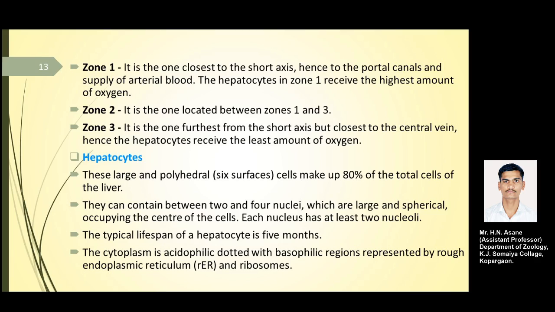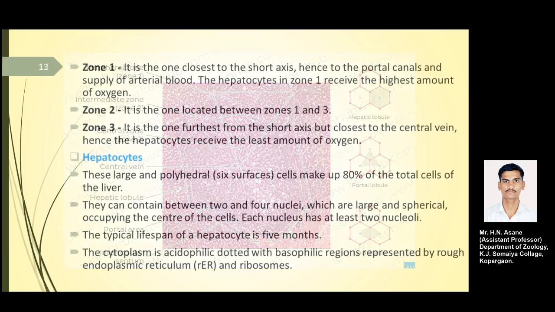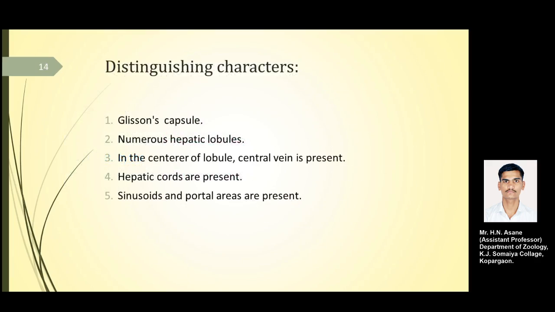There are separate bile ducts in the liver, as you can see in the hepatic lobule. At the peripheral zone 1, the liver acini have a separate bile duct.